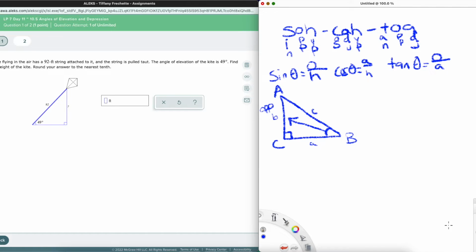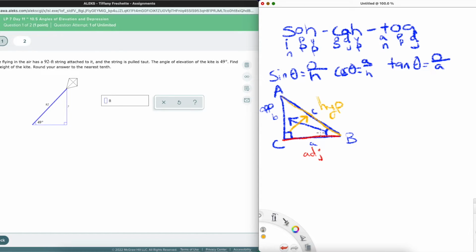And then, if I go red, the adjacent is actually the other side that creates the right angle here. So opposite and adjacent create this right angle. So this one is considered adjacent right now because it's this other side here that creates the 90. And then we have the hypotenuse, which is always, always, always across from the 90 degrees here. So it's going to be this one. So this is the hypotenuse.